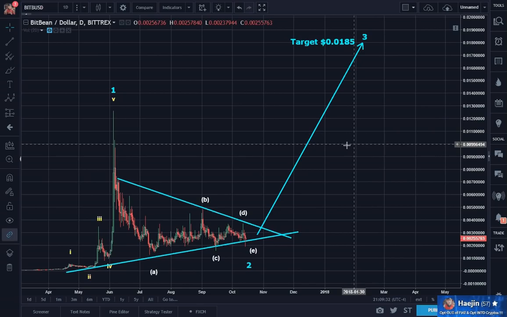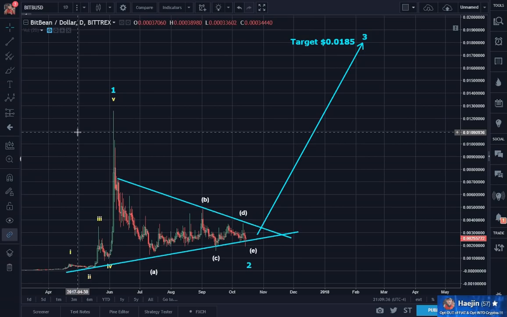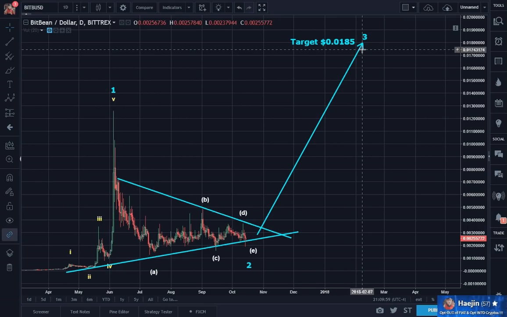The price of BitBean is 0.002557. So that means if prices come up here, that's 720%.